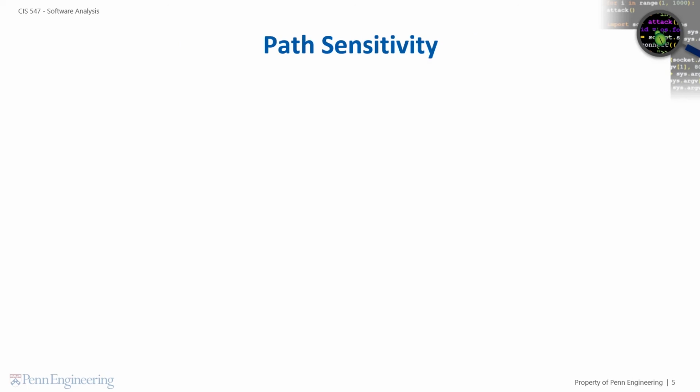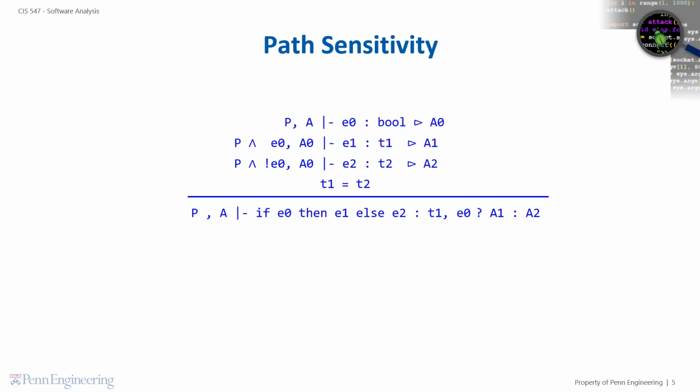We can further refine our model of the program state in order to improve the precision of our analysis. Recall that for the statement if E0 then E1 else E2, our analysis doesn't consider whether E0 is true or false.